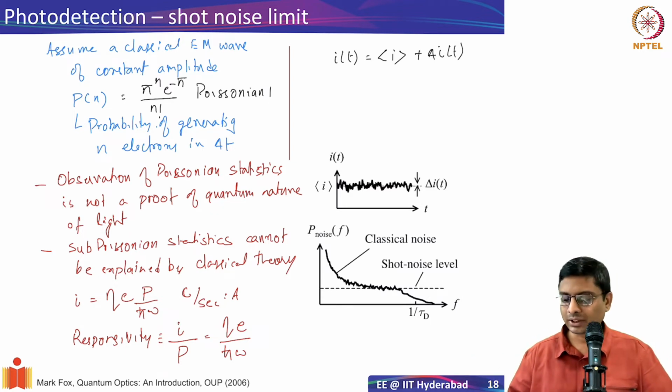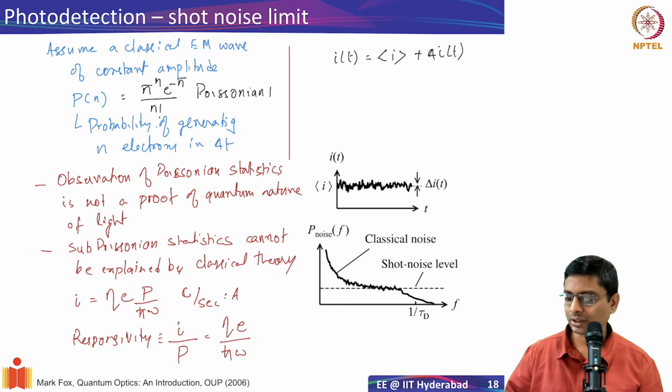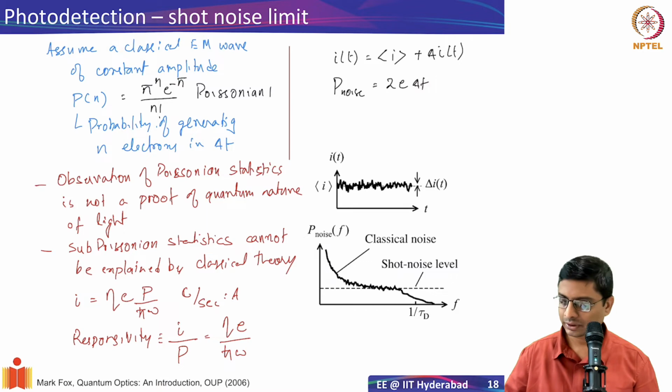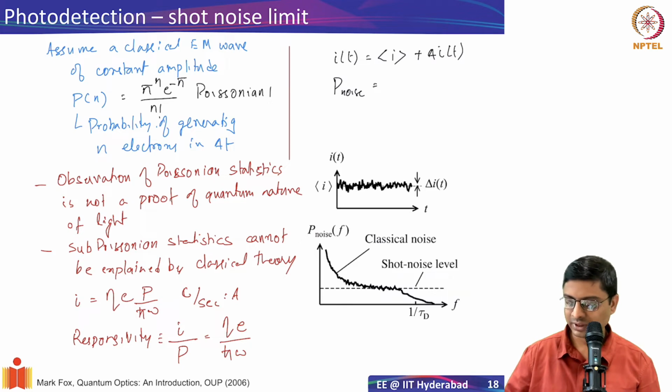So what is the noise power that is present? From simple analysis, we can conclude that the noise power, P noise, is going to be equal to 2E delta F R. Sorry, I'm writing the full expression. Let's go step by step. There are these fluctuations, so the power is going to be delta I square times RL.